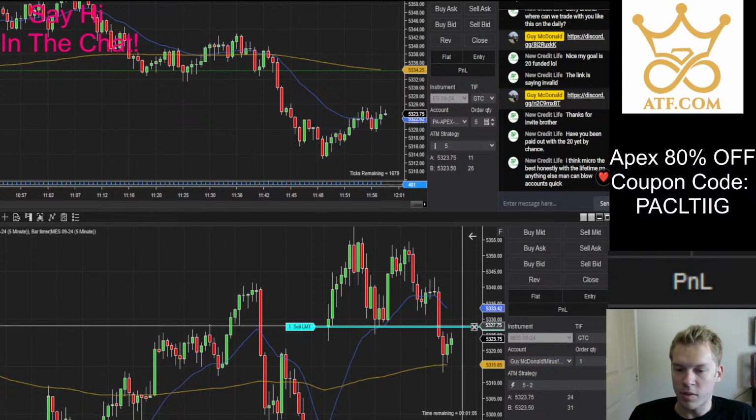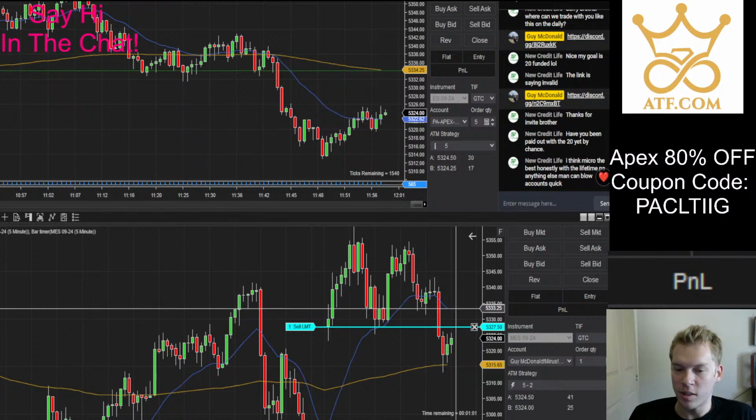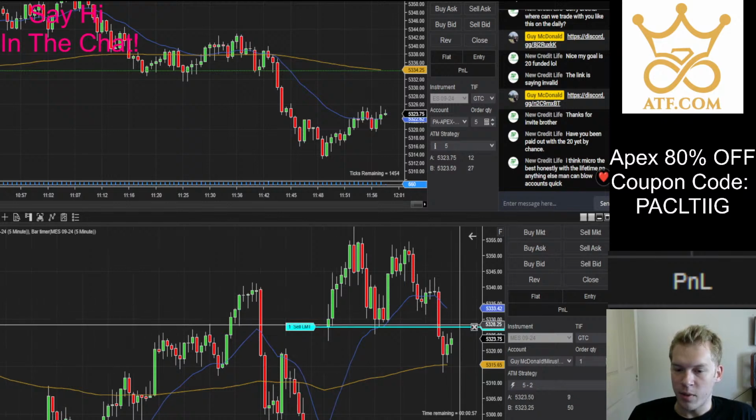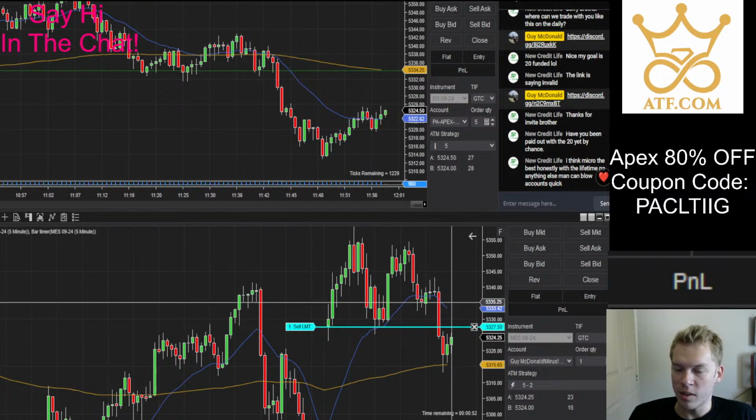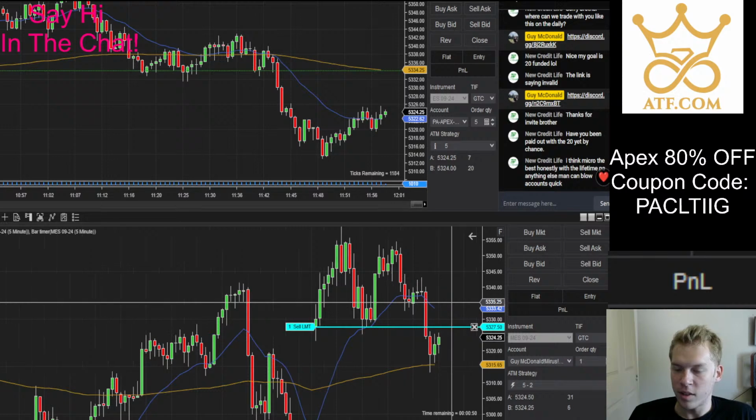Two, that you're able to scale in. So if you sell here, then you need to think it's reasonable that if you sell more higher, you would have a pullback deep enough to get out breakeven or at a profit on your second entry.